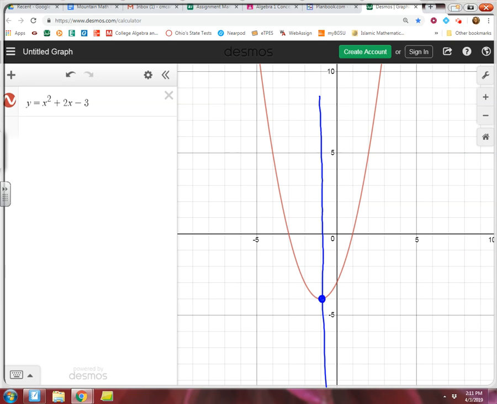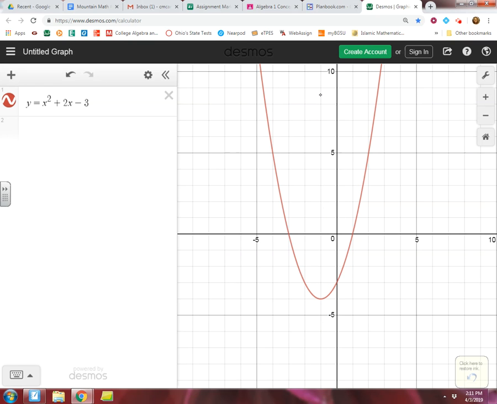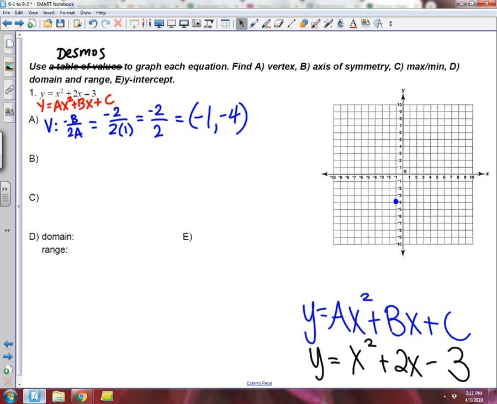And what was the x value down here? The x value. Negative 1. That x value is negative 1. So back here, for letter B, my axis of symmetry is going to be x equals negative 1. And I'm going to go ahead and draw it lightly on my graph because that's going to cut my graph in half.